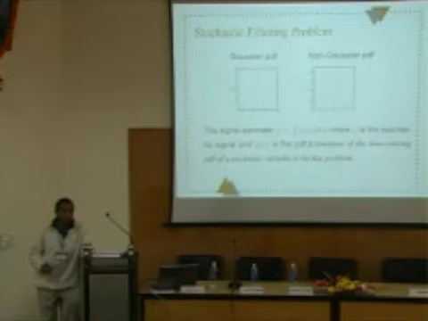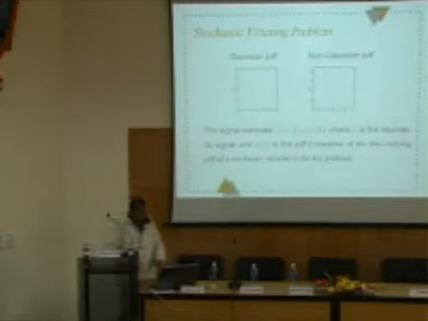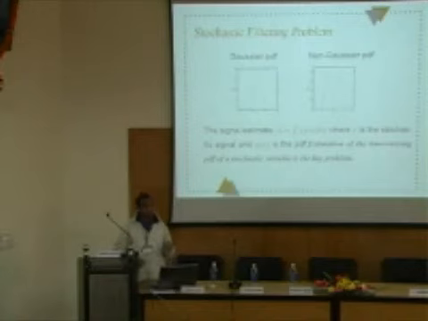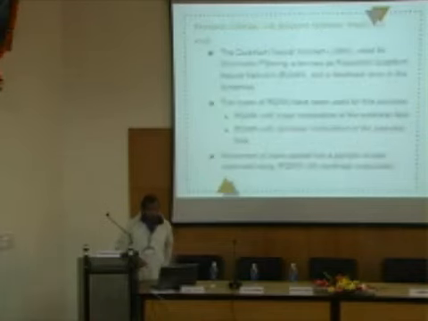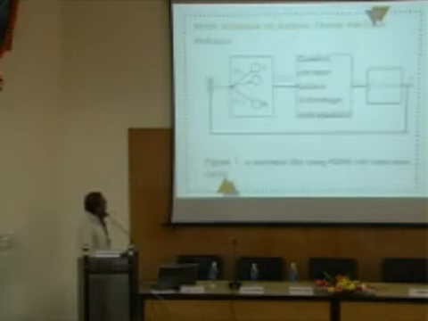But because we do not have a way to estimate this PDF, we use many ad hoc techniques, assuming a priori knowledge about the signal as well as the noise type. So, I just give some idea here.